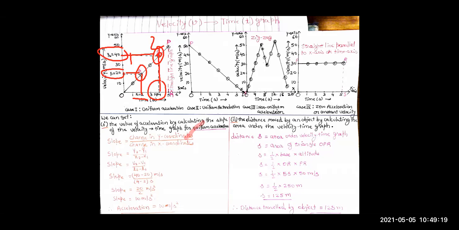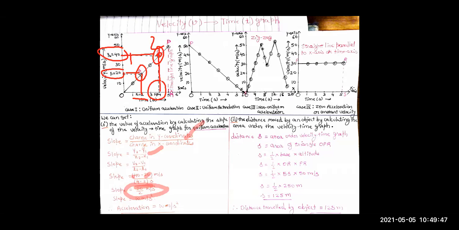Now, slope is change in y upon change in x, that is y2 minus y1 upon x2 minus x1. The value of y2 is 40 and the value of y1 is 20. So 40 minus 20 meter per second upon x2 minus x1. The x2 value is 4 seconds and the x1 value is 2 seconds, so 4 minus 2 seconds. 40 minus 20 is 20, and 4 minus 2 is 2. So 20 by 2 meter per second upon second.